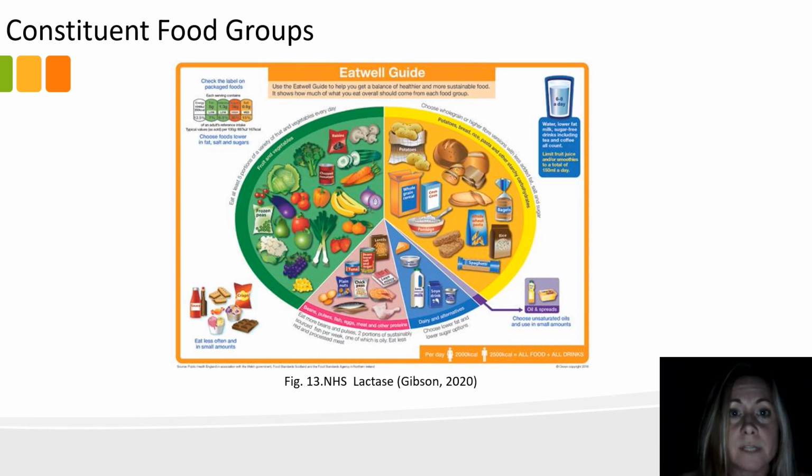They advise that the majority of our food should come from fruit and vegetables, so foods rich in vitamins, minerals and fibre, and starchy carbohydrates, for example bread, cereals and potatoes.